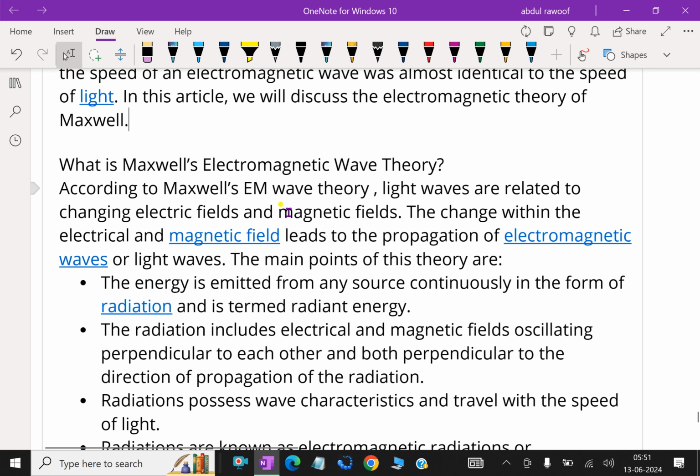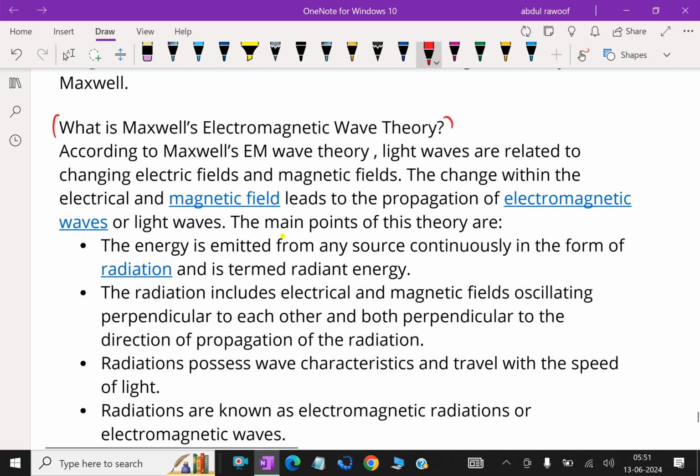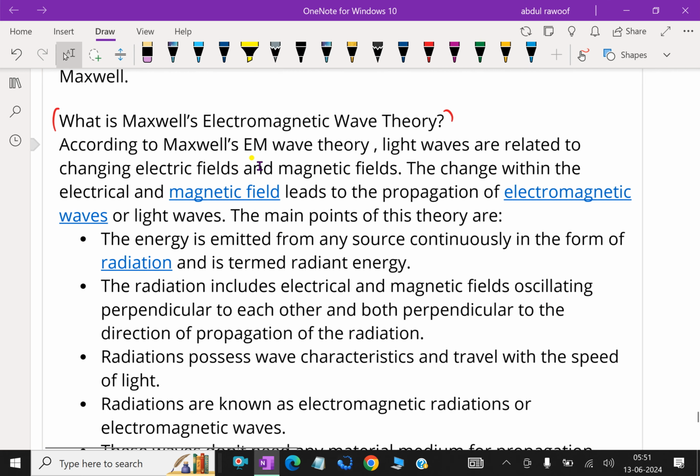What is Maxwell's electromagnetic wave theory? According to Maxwell's electromagnetic wave theory, light waves are related to changing electric and magnetic fields. The charge within the electric and magnetic fields leads to the propagation of electromagnetic waves, or light waves.